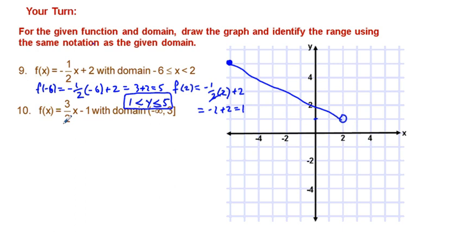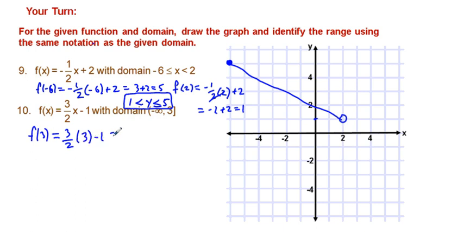Okay, number 10, we have this business here. f(x) equals 3 halves x minus 1 with domain from negative infinity to 3. So you can plug in 3, f of 3, to get an endpoint. It's going to be 3 halves times 3 minus 1.